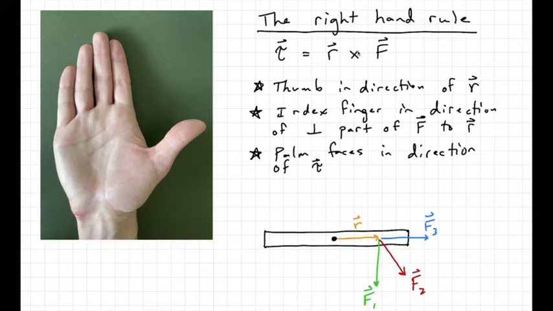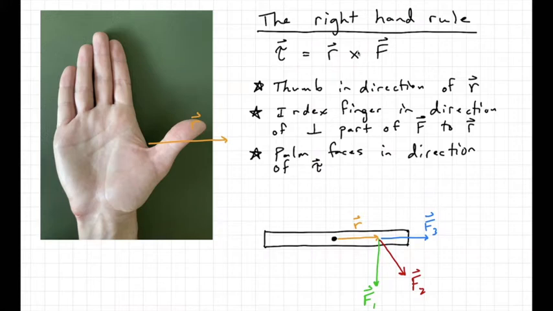Your thumb points in the direction of R when it's laid out flat like this. So I'll draw that like so. So your thumb, let's say it's going perpendicular this way, R, that way. Your index finger, or all your fingers in the picture that I've got of my hand here, your index finger points in the direction of the perpendicular part of the force to the R vector.